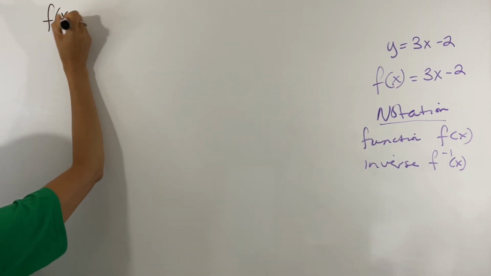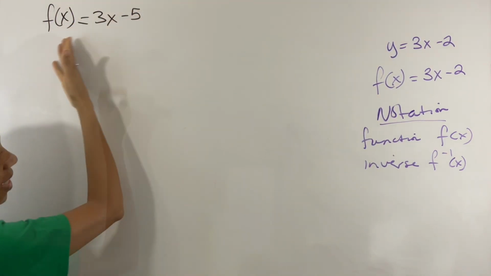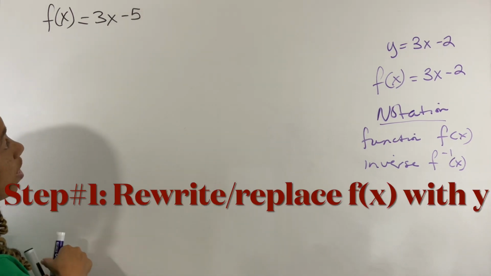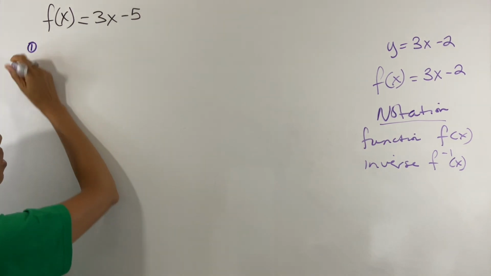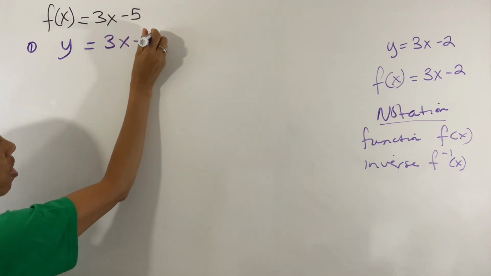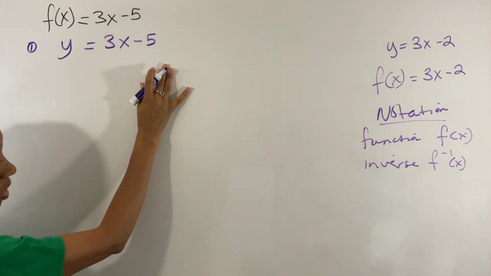First example is f of x is equal to 3x minus 5. This is written as a function, and step number 1, we are going to rewrite it as y equal, like a linear equation. We're going to write it as y equals 3x minus 5.